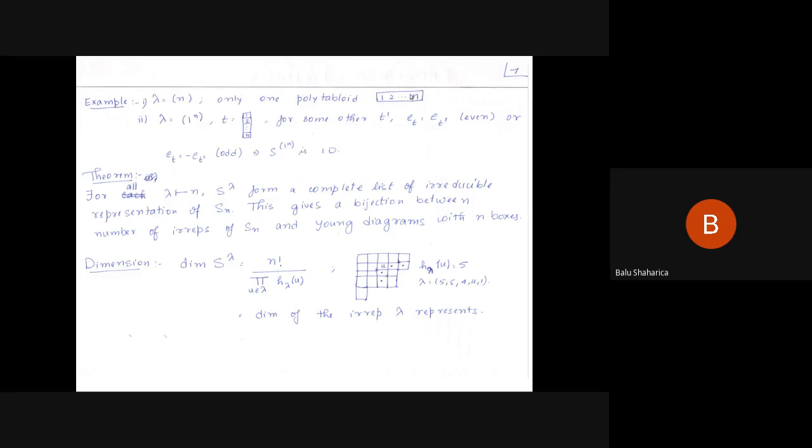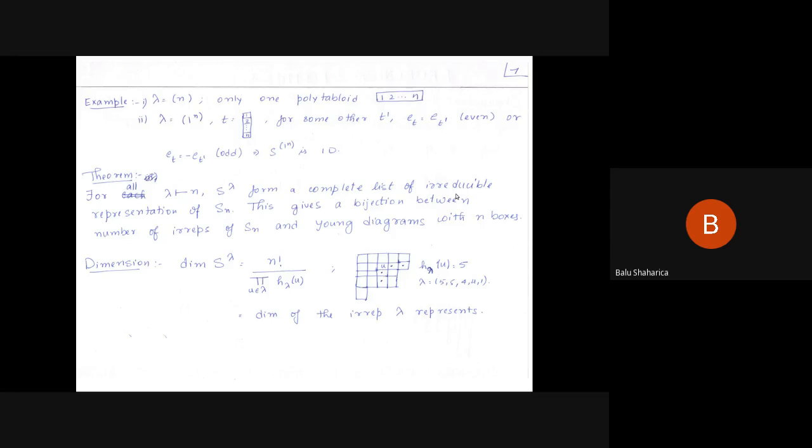So again, this is one dimensional. From here we'll move to the theorem which states that for every partition lambda of n, all the S lambdas give us the complete list of irreducible representations for Sn.